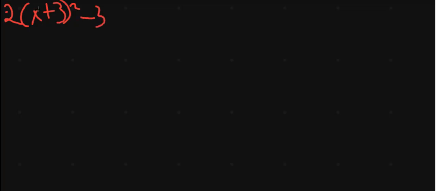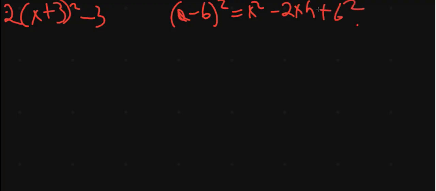Alright. Now because we're already in vertex form, we are not going to be focusing on our vertex here. Instead, we're going to be doing a formula that is a minus b squared equal a squared minus 2ab plus b squared.